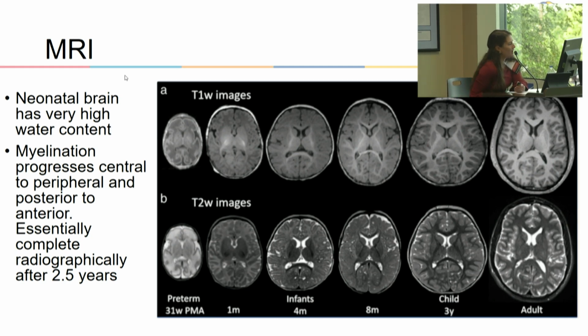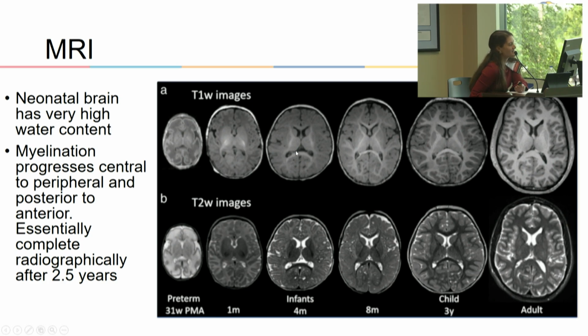And MRI is important in terms of myelination. So if you look at T1 images and T2 images, I'll talk about those on other slides, but I will just say for now that myelination of the axons and the tracts that the nerve cells use to talk to each other starts centrally and progresses peripherally, and it also starts posteriorly and progresses anteriorly.